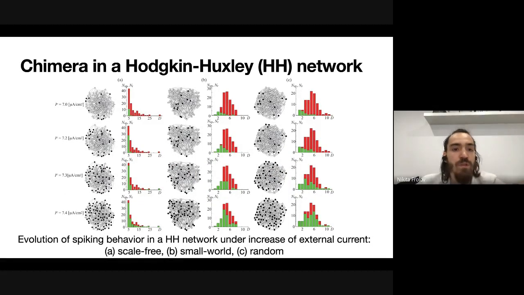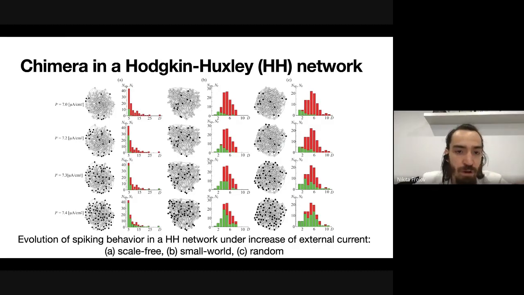Also, we were interested in how the process of excitation of these elements emerges in such networks. We compared three different types of topology, as I said before: scale-free, figure A, small-world, figure B, and random network, figure C, and considered how the network elements are excited at different values of the current bias.